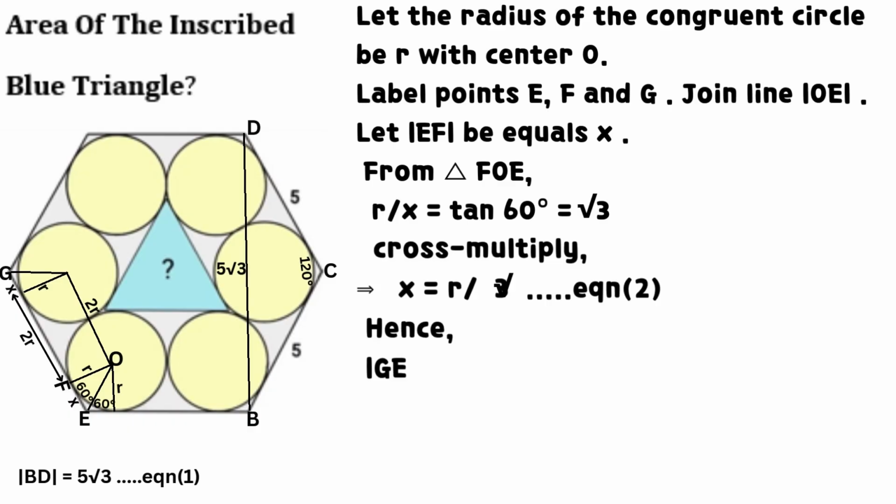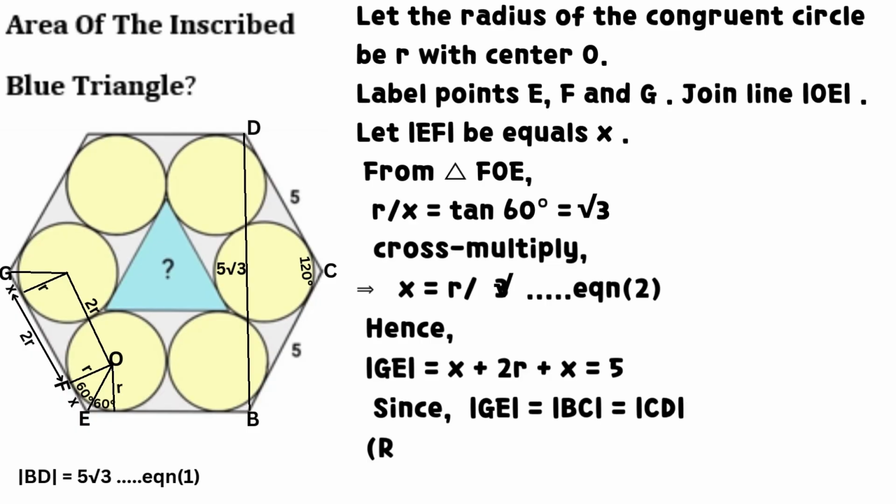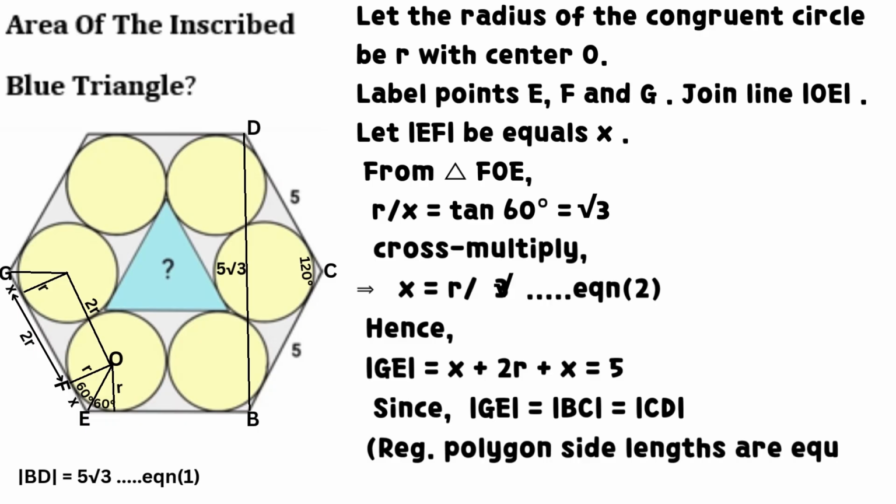This implies that X equals R divided by the square root of 3. We call it equation 2. Hence, line EG equals X plus 2R plus X, which equals 5, since line EG equals line BC, which equals line CD, because regular polygon side lengths are equal.